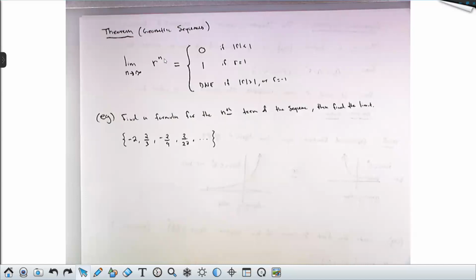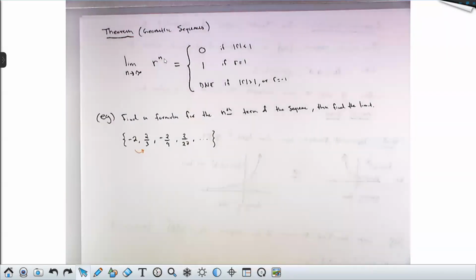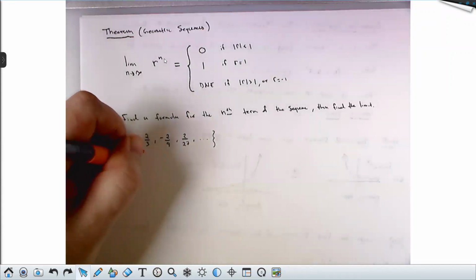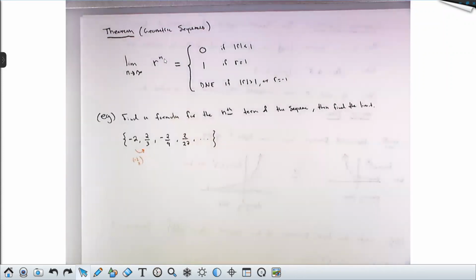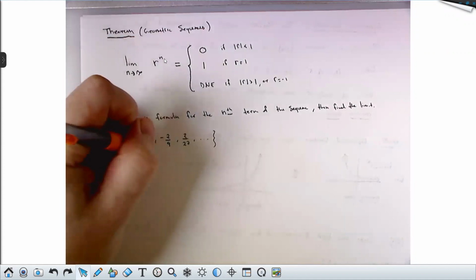Let's ask the obvious question. Does this look like a geometric sequence? Yeah. What's the common ratio to go from here to here? What do I multiply by? -1/3. Very good. All right, we multiply by -1/3 to go from here to here. What about from here to here?